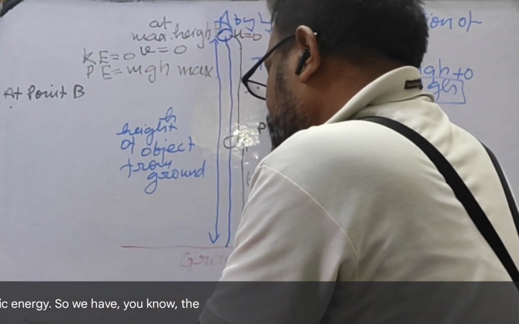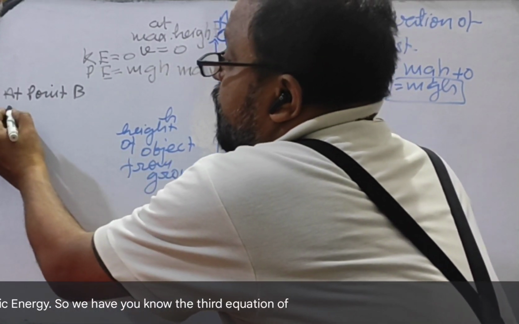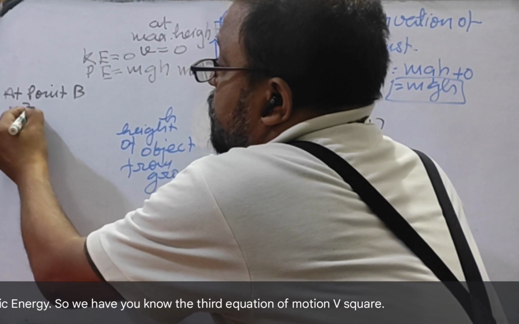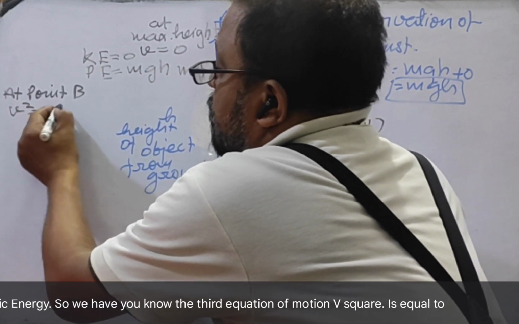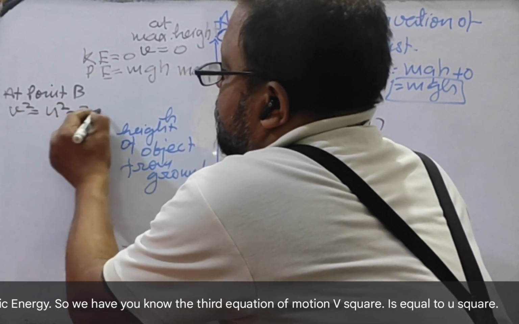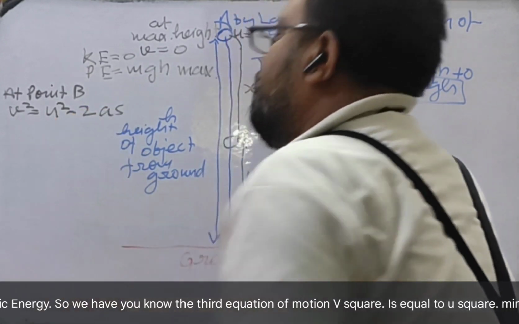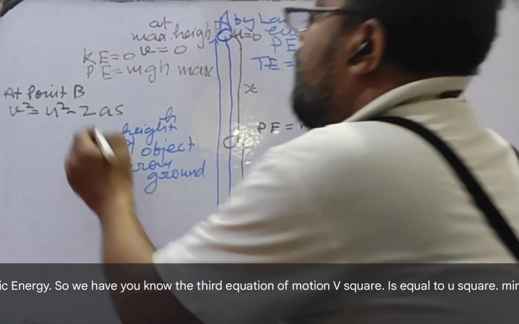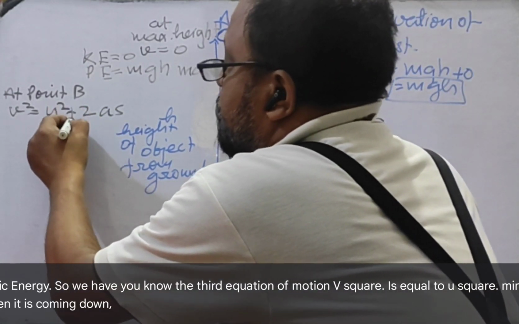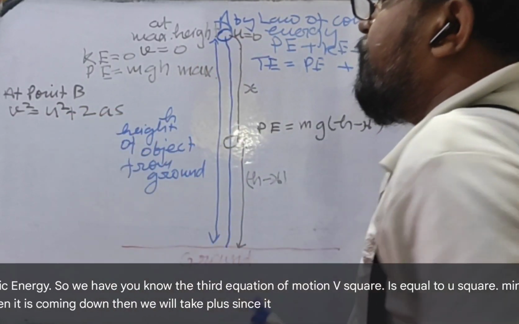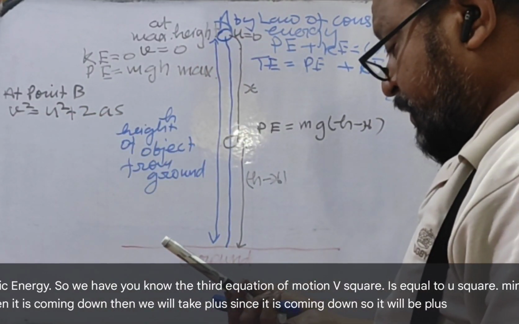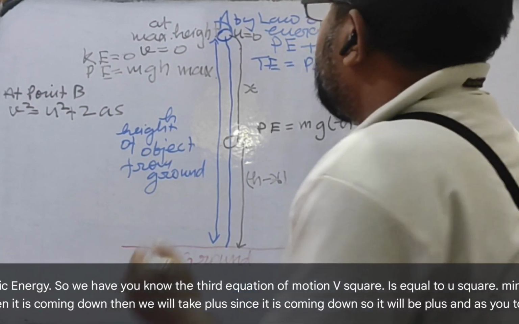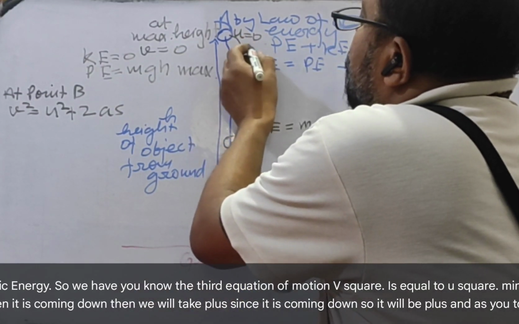So we have the third equation of motion, v square is equal to u square minus 2as, right? When it is coming down, then we will take plus. Since it is coming down, it will be plus. And as you told, u is equal to 0.